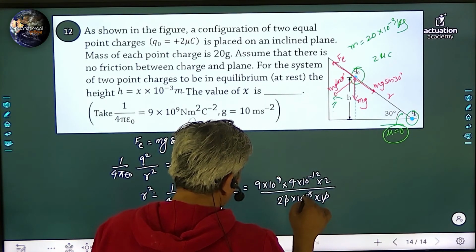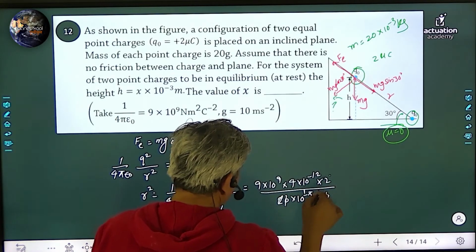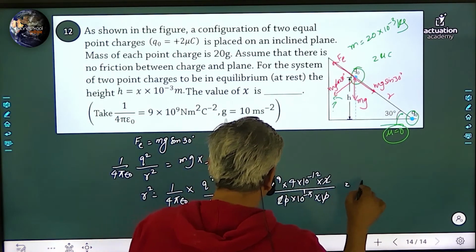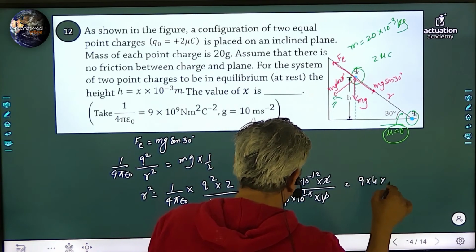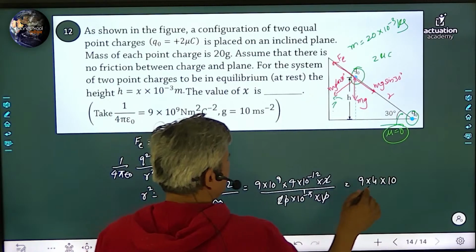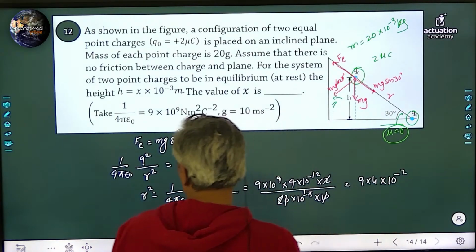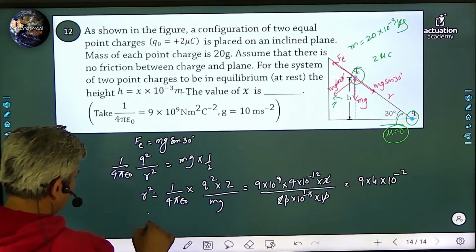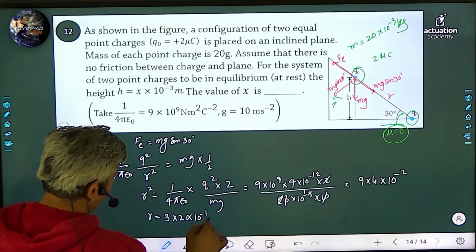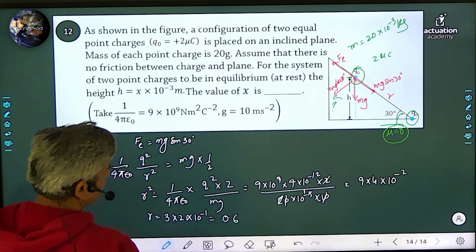This and this will cancel out, making 1 and 2, and this one will go on top, so this will become 9 into 4 into 10 raised to power minus 2. Now r will become 3 into 2 into 10 raised to power minus 1, which is 0.6.